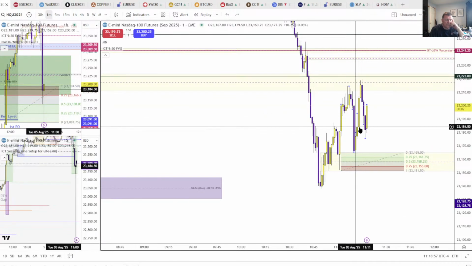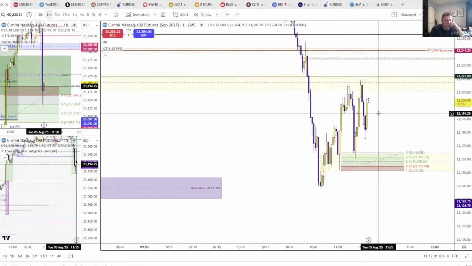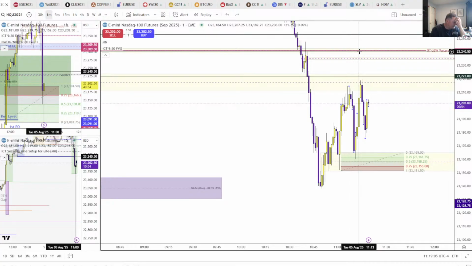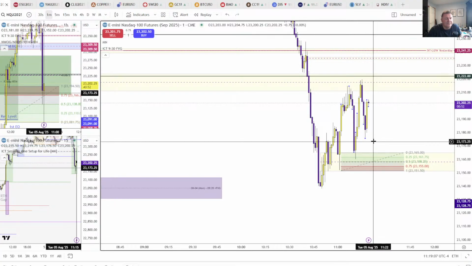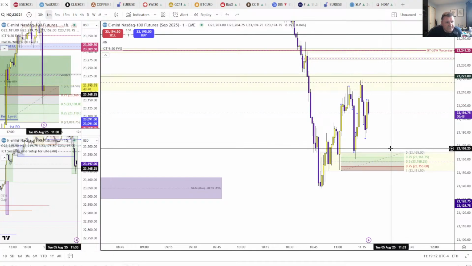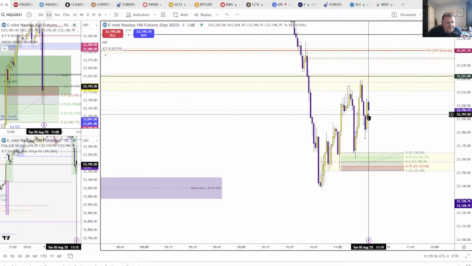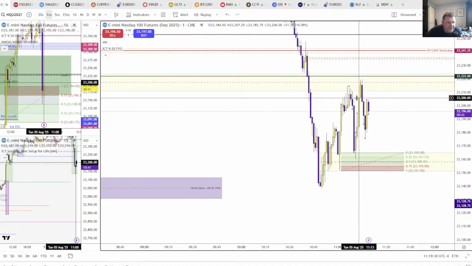Overlap, overlap, overlap. See how we got this one wants to go higher, this one wants to go lower. Wait for structure break. That's a fill. This is still open.